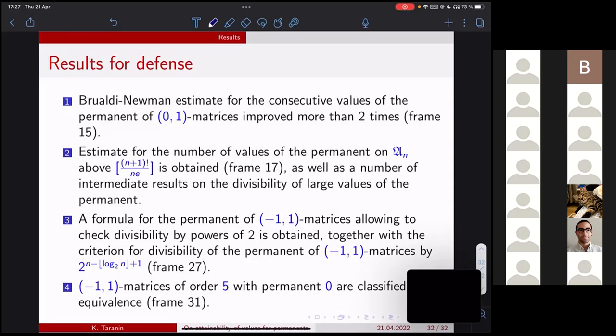It's the criterion of divisibility and direct proof of Kreuter's results, as well as the formula for decomposition by the powers of minus 2 of 2, and the classification of matrices of order 5 with permanent 0. Thank you. If you have any other questions, you are welcome.